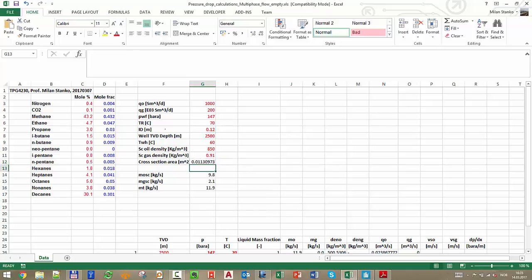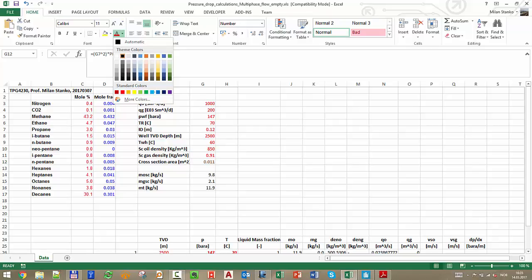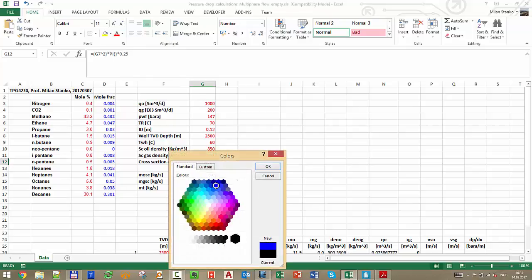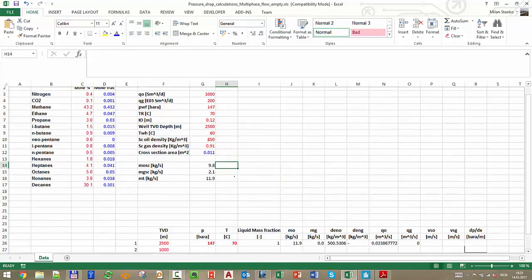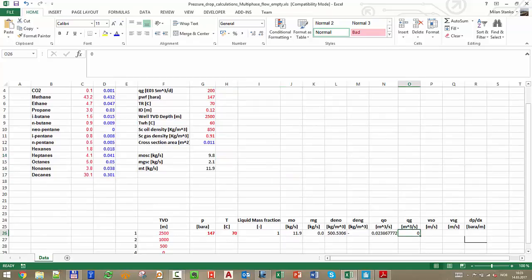The cross-section area of the pipe. Here we don't care about holdup, anything. It's just superficial velocity. Remember, you divide by the full cross-section area. The real velocity is what you need holdup for. So the superficial velocity of the oil will be that number divided by the area, and it gives me 2.1 for the oil and 0 for the gas.